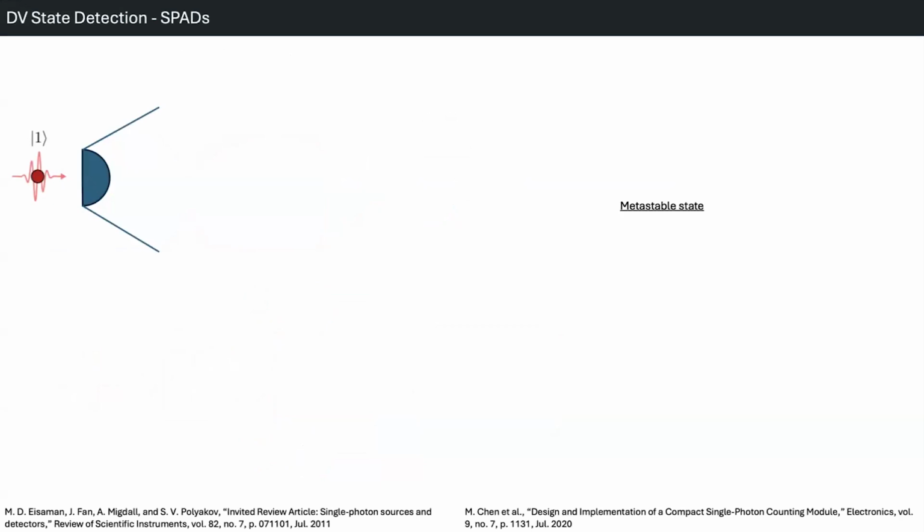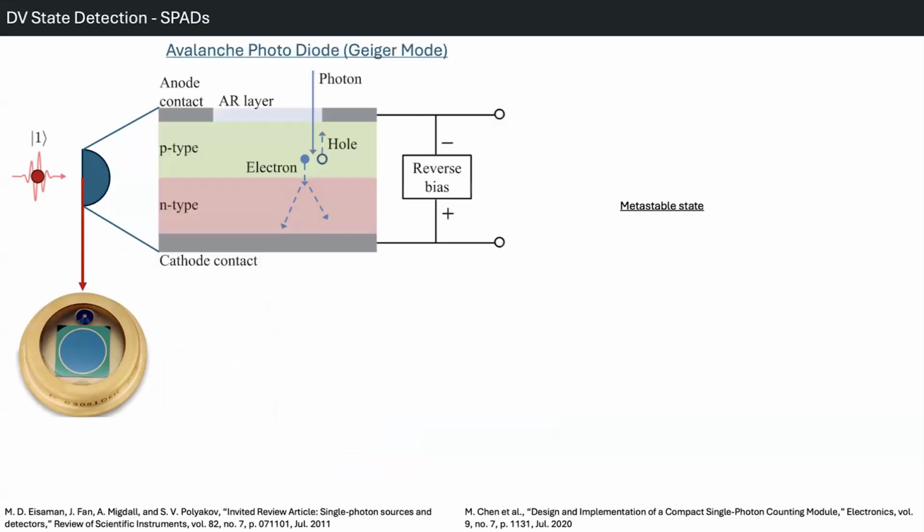For example, you have a single silicon photodiode, and if a single photon reaches it, you see this is like 100 micrometer or similar dimension square. And what happens? The photon is absorbed. An electron and hole pair is created, but usually it gets lost.